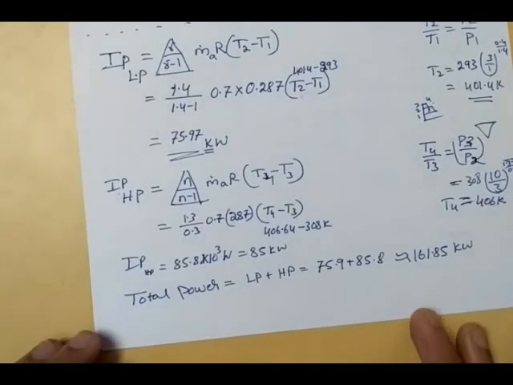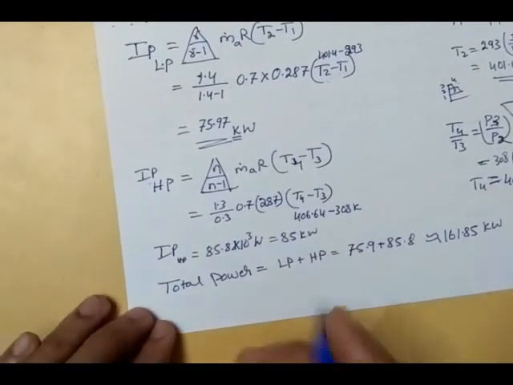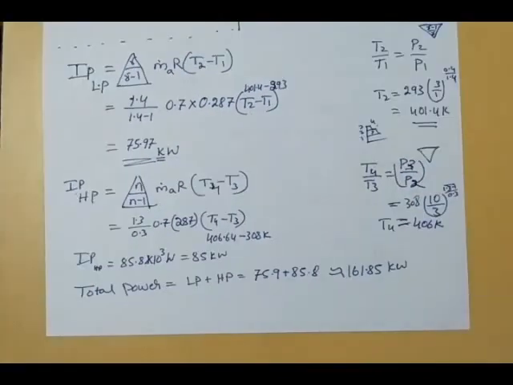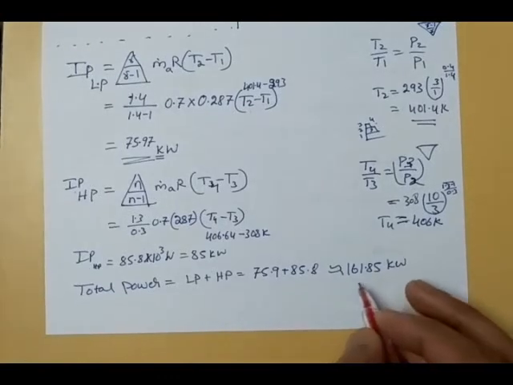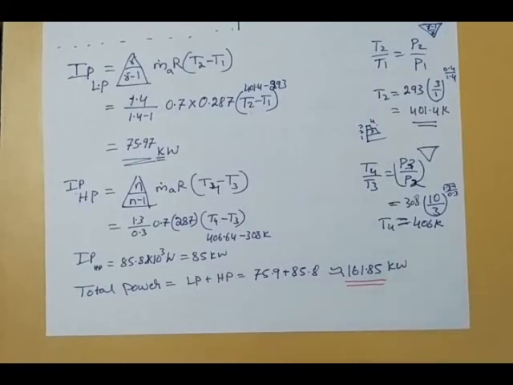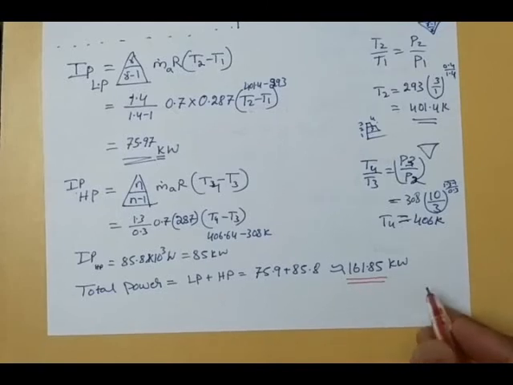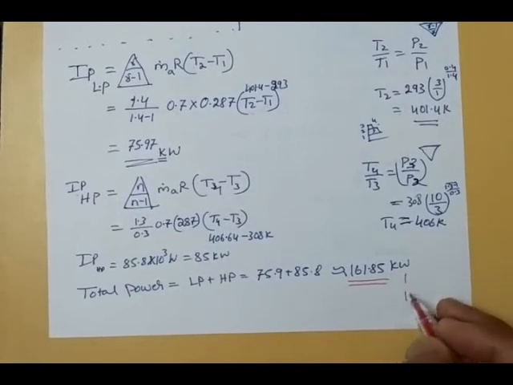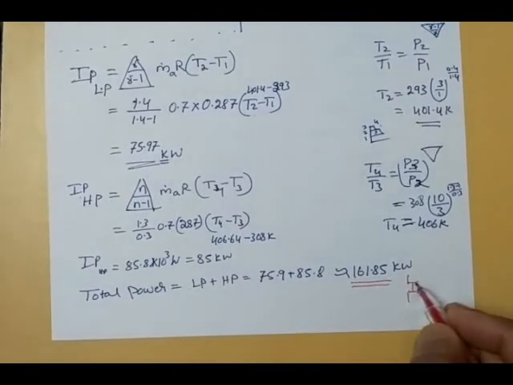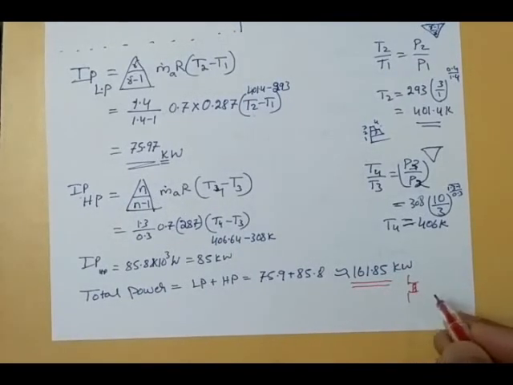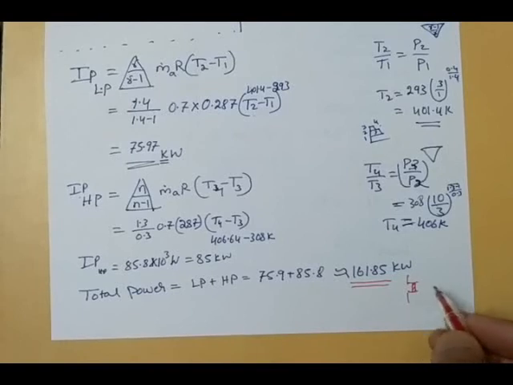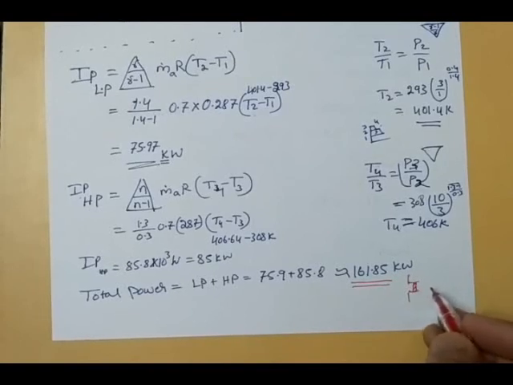So now motor power output means how much. So now we have calculated total power, that is 161 kilowatt. This is the power which is actually given at the shaft, at the piston. Okay, so if we take this is the piston, so this is the power given at the piston. But in the problem they have also given efficiency.